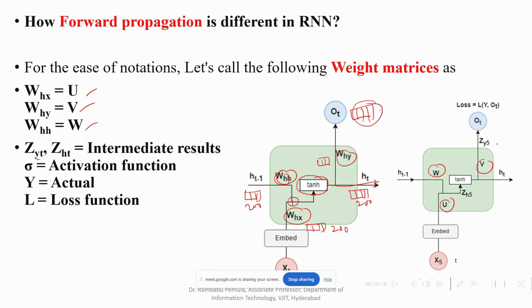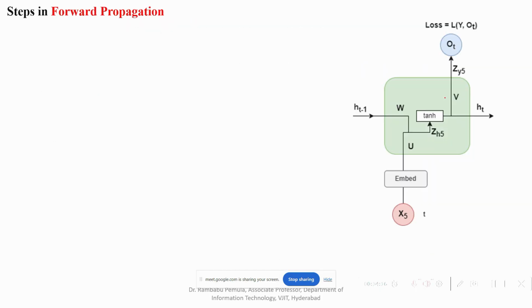ZHT is the present node performing the summation operation, and we get the output as ZHY. Sigma is the activation function, here the tanh operation, and y is the actual output value. L is the loss function.